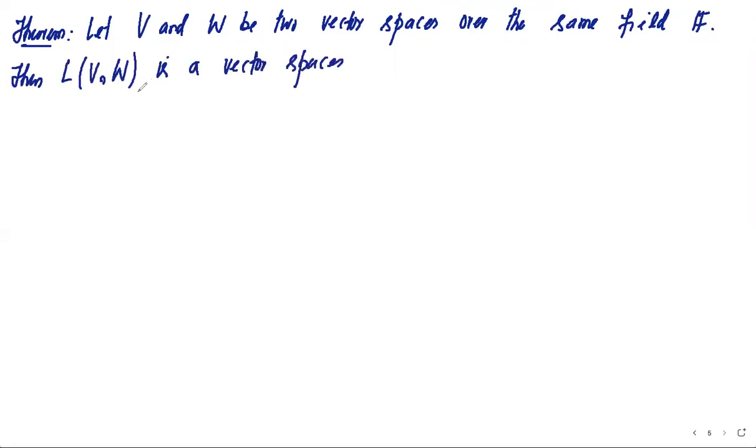So the collection of all linear transformations between these two vector spaces is a vector space over the same field F.